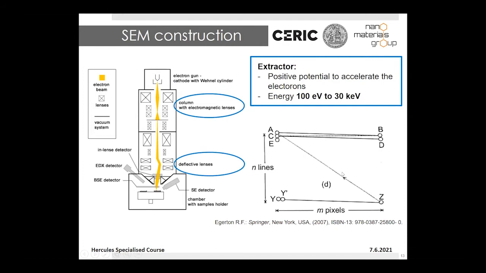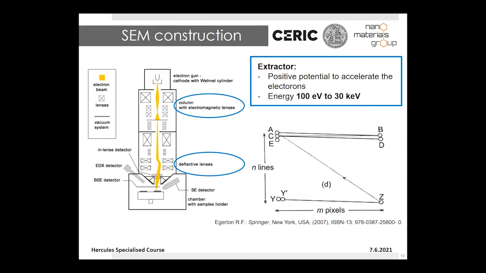Further on, we have several structures, several electromagnetic lenses, and their function is to converge the beam or to correct the astigmatism.